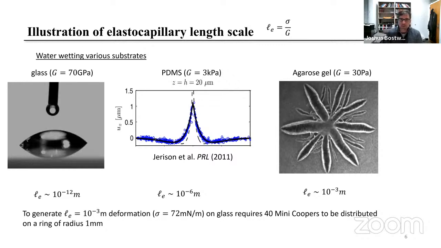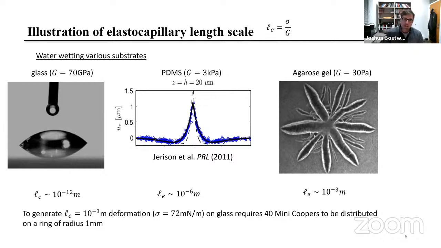If that drop interacts with a glass substrate with a shear modulus of about 70 gigapascals, that deformation scale is going to be 10 to the minus 12, or basically subatomic scale. This justifies the fact that when people study spreading and wetting of liquids on rigid substrates, they don't worry about the elasticity because it's so trivially small.